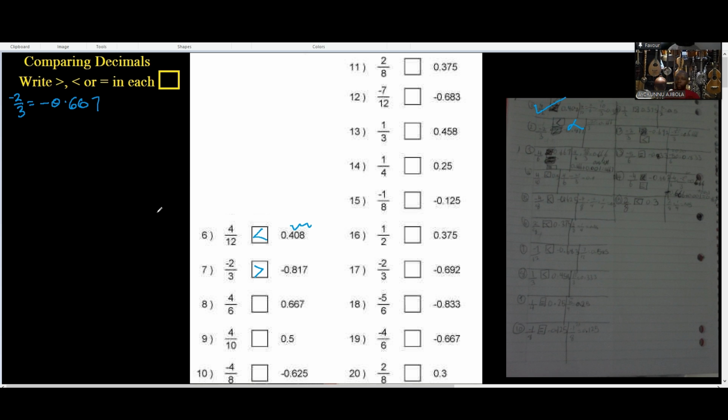Then number 7. Number 8. 4 over 6. 4 over 6 is the same as 2 over 3, which is the same as 0.667. Okay.